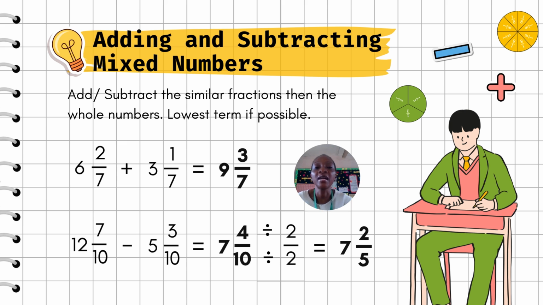So that means my answer here is 7 whole number 4 over 10. But when I look at the fractions, I discover I can still break it down. So I divide 4 by 2 and I divide 10 by 2. 4 divided by 2 will give me 2, and 10 divided by 2 will give me 5. Making my final answer 7 whole number 2 over 5.